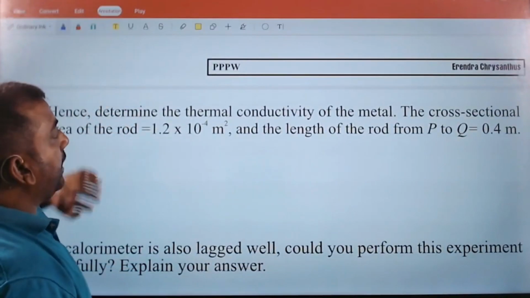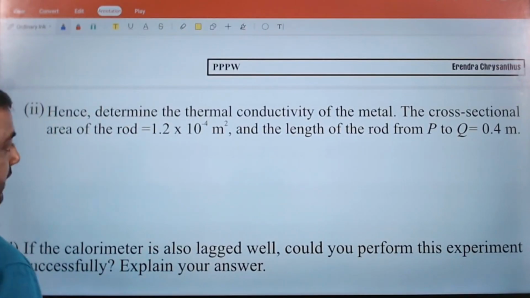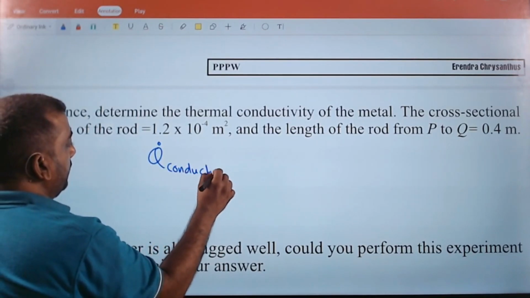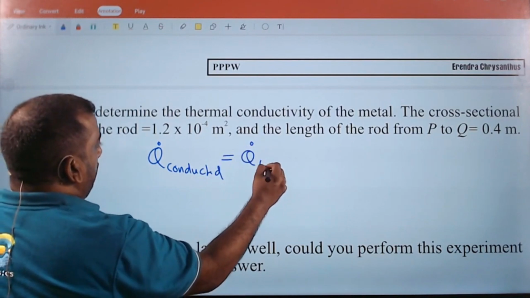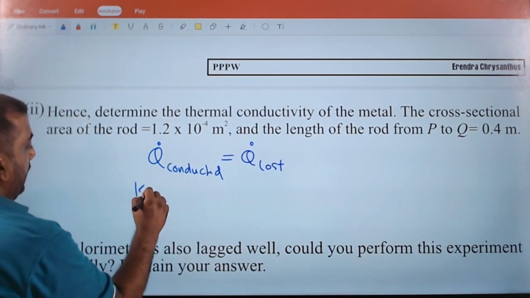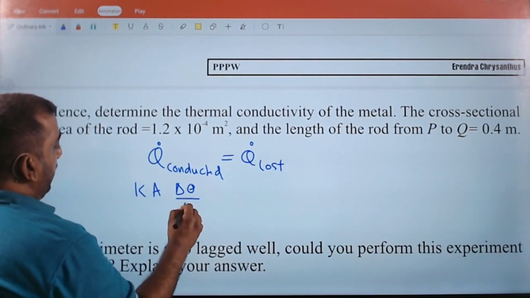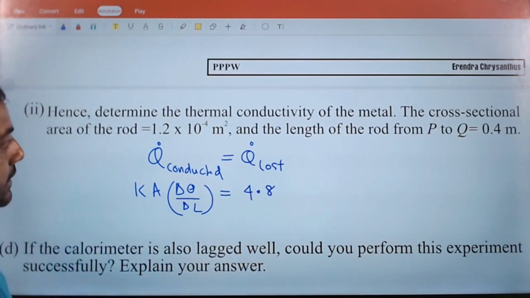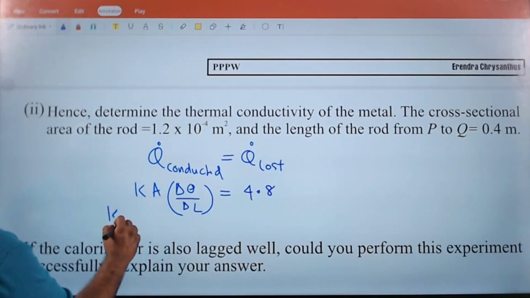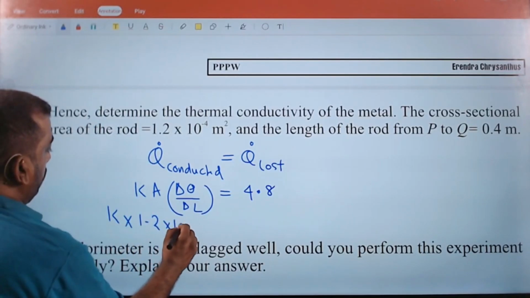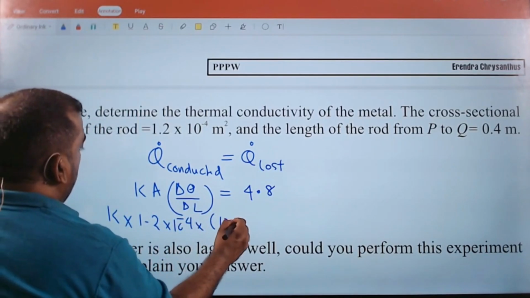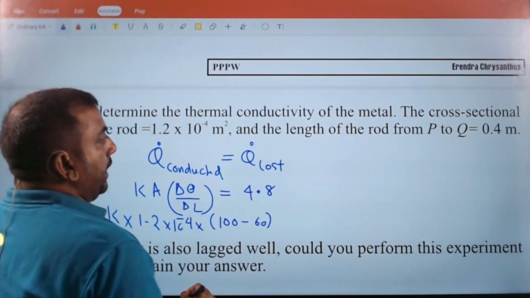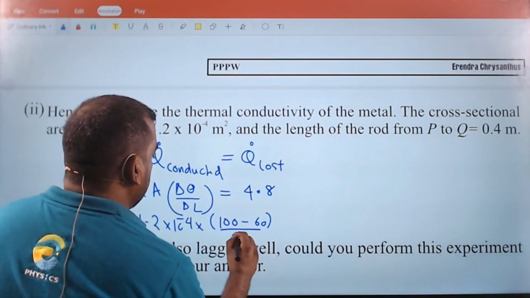Hence determine the thermal conductivity of the metal at steady state. The rate in which heat is conducted and the rate in which heat is lost to the environment are both the same. K times A delta theta divided by delta L. Here it's 4.8 watt. Thermal conductivity we don't know. Cross-sectional area 1.2 times 10 to the power minus 4. Temperature gradient 100 minus 60. Length is going to be 0.4 meters.